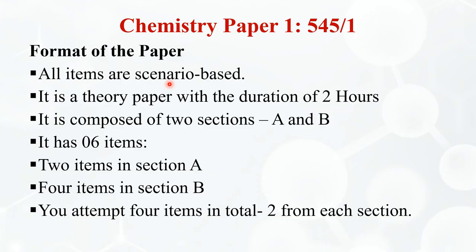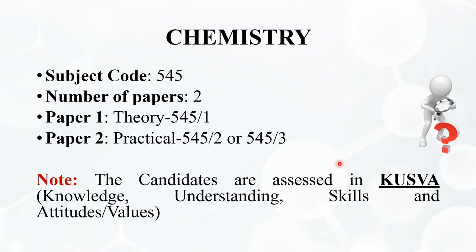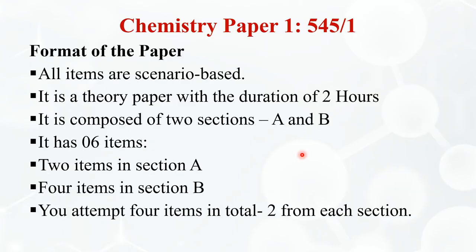We don't have such questions. All questions are scenario based. Why? We are looking at items aimed at solving a particular problem, and therefore, as we said, we look at these 5 things which are summarized into KUSVA.